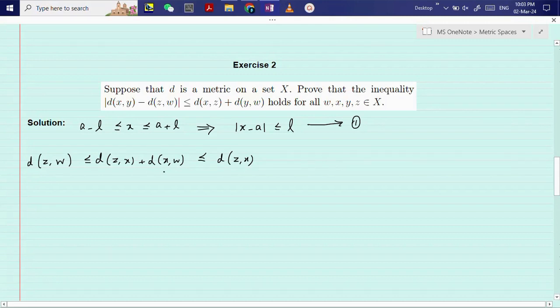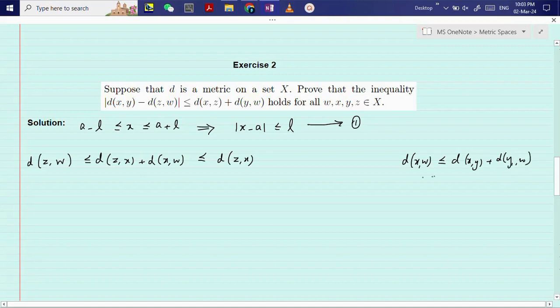By applying again the triangle inequality for d of XW, which will be less than or equal to, for example, if I write here separately d of XW, this is less than or equal to d of XY plus d of YW.